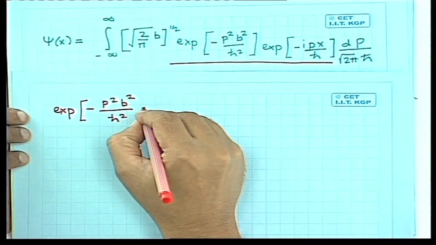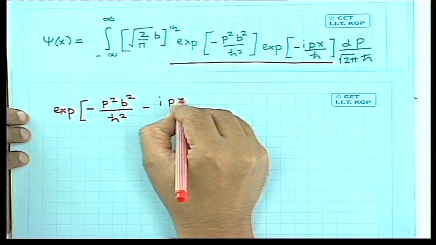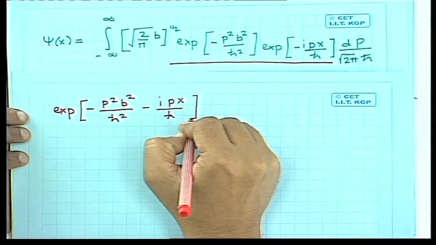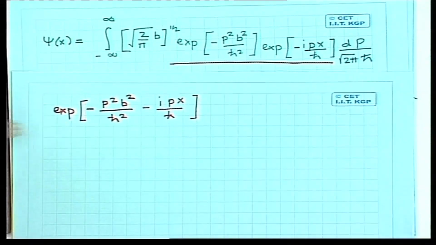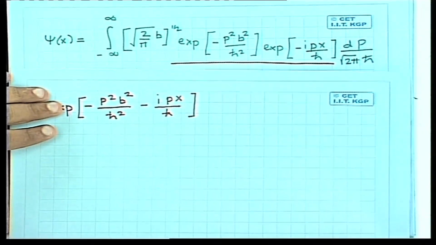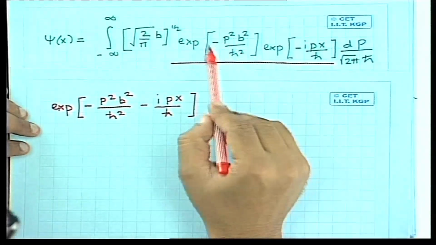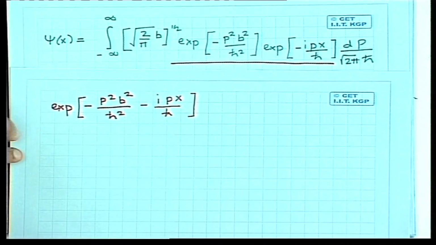So I have minus i p x by h cross. I want to simplify this. The basic method for attacking such integrals is to convert this into a whole squared. So let us convert this into a whole squared.